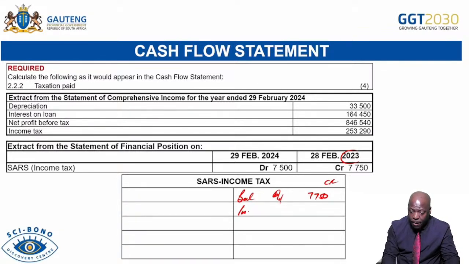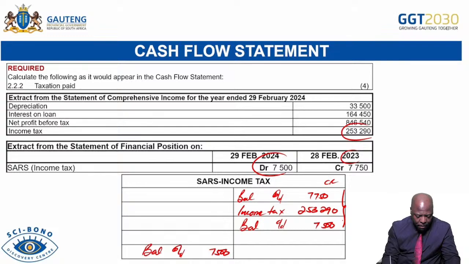Then I have my income tax, which is 253,290. I also have my balance at the end, my balance BD on the debit side, 7,500. That means here it's going to be balance carry down, 7,500.